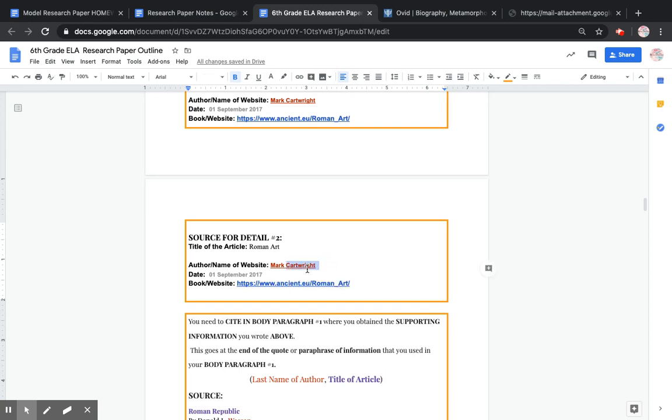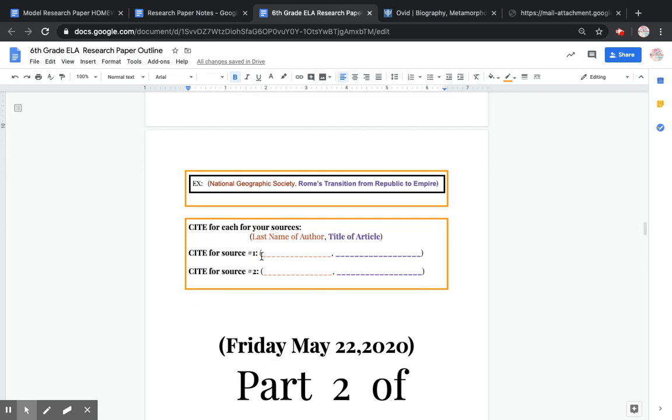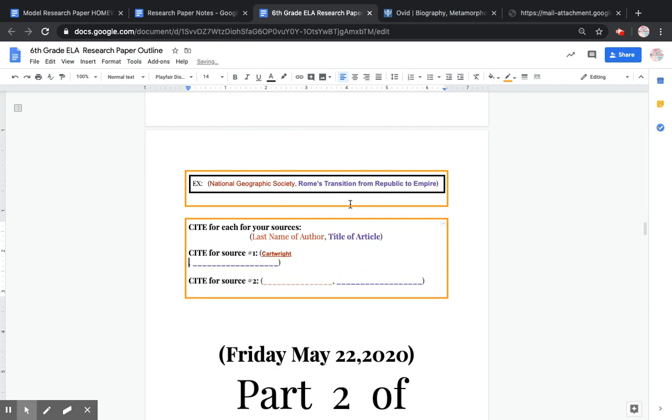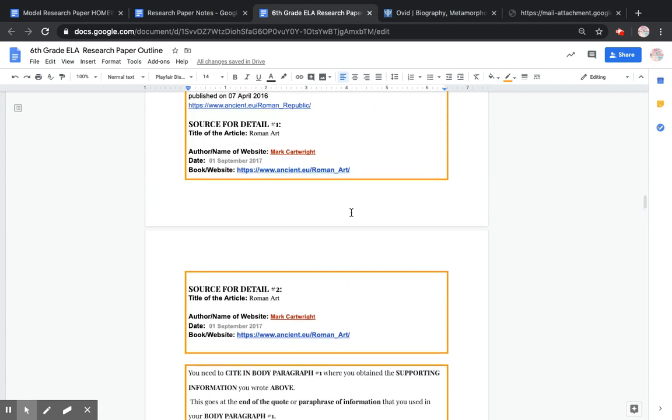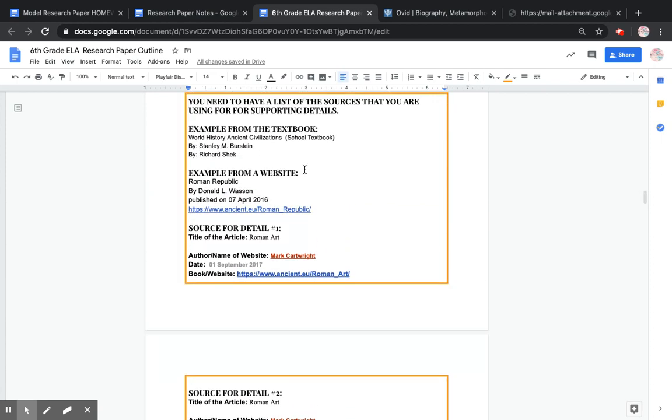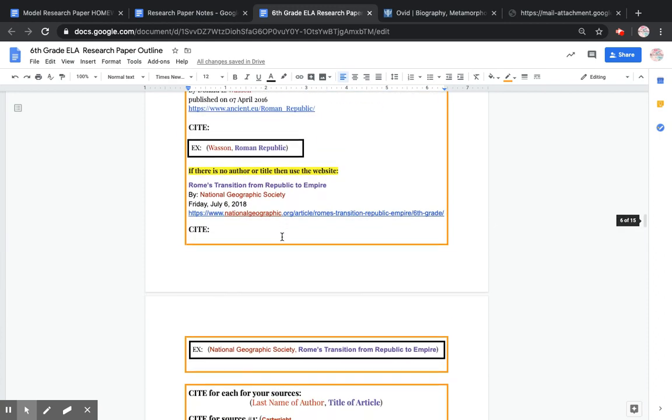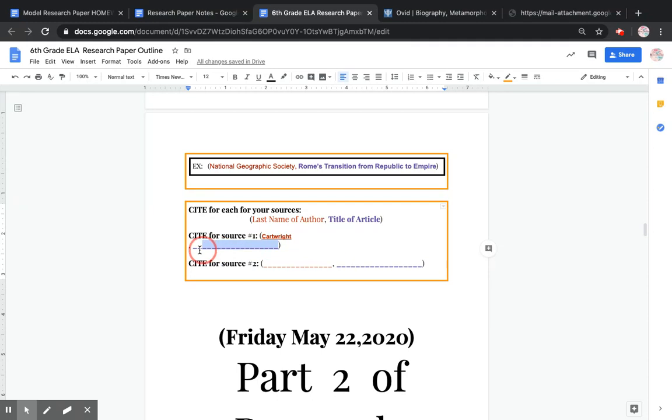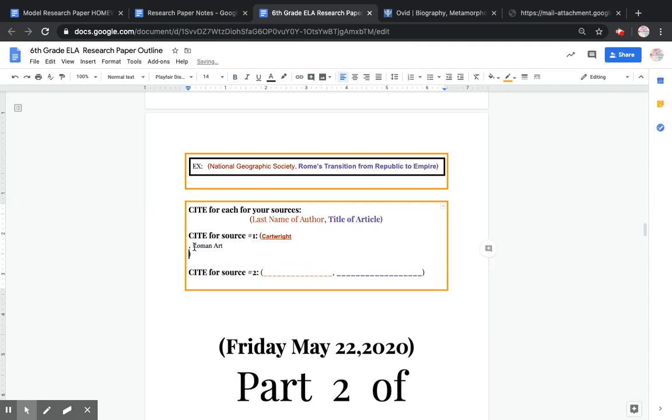So I'm going to go ahead and copy that, and I'm going to put Cartwright there, and then the title of the article was Roman art. Perfect. All right, so I have my title right there. So I can go down here and I can paste it right inside.